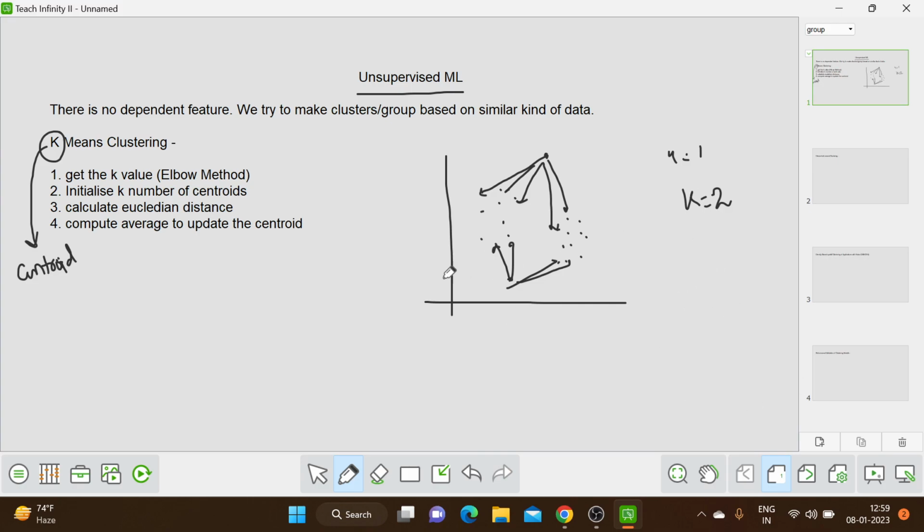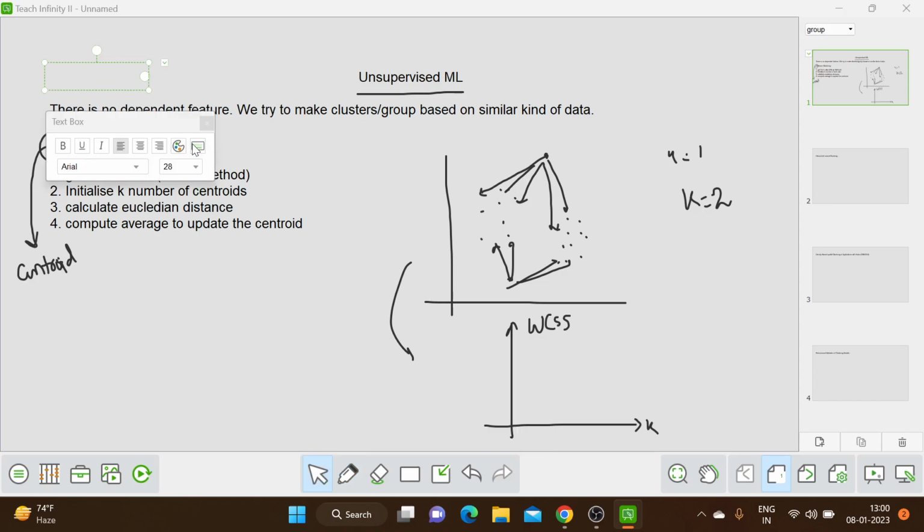Now from here I try to draw another graph. Here the k values and here WCSS, that is the distance we have calculated. What is the full form?